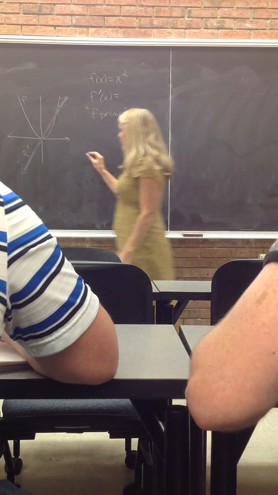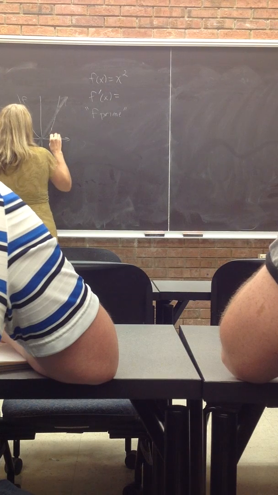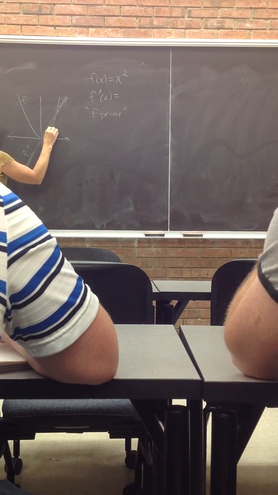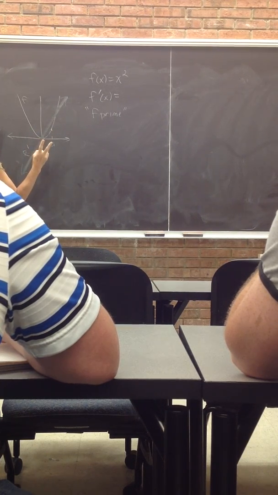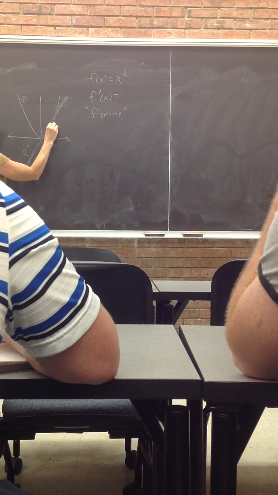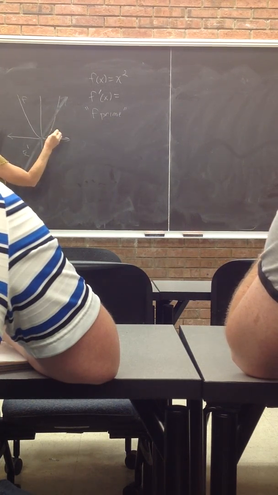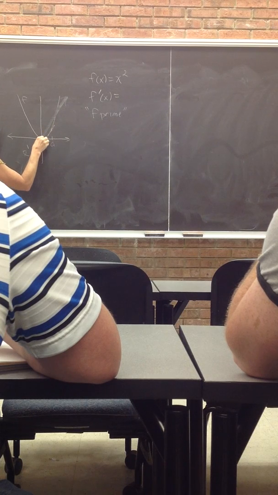Okay, so if we're finding the instantaneous slope at some point, so let's say here's my point A, we know that to calculate a slope, we really need 2 points. But the instantaneous slope is supposed to only involve the 1 point. So how can we get around that? Well, we can start by saying, well, what if I pick 2 points that are pretty close together? And I found the slope between them.